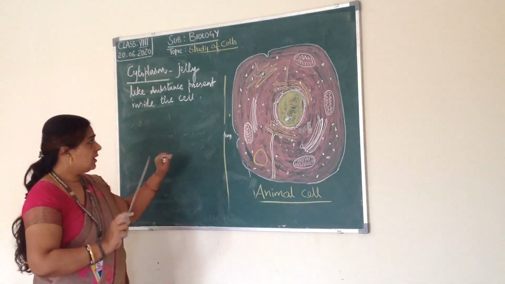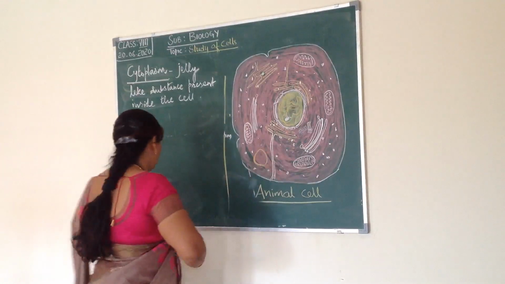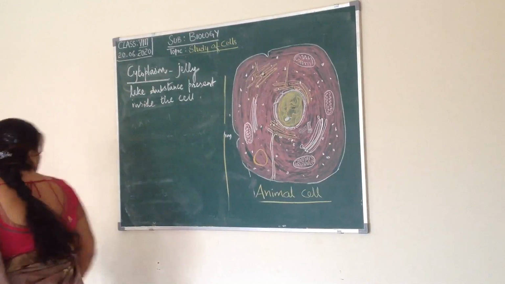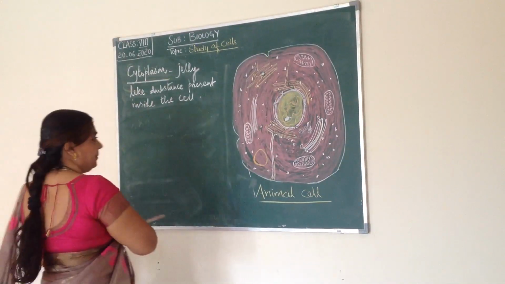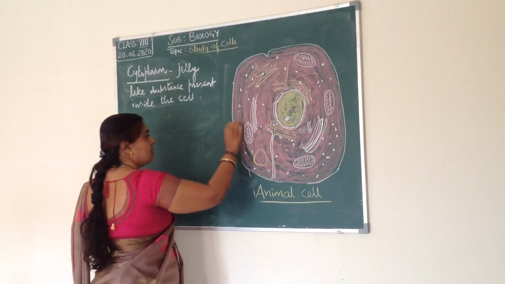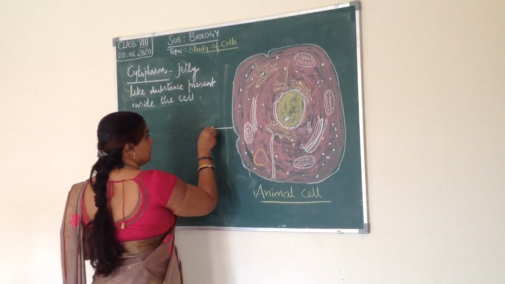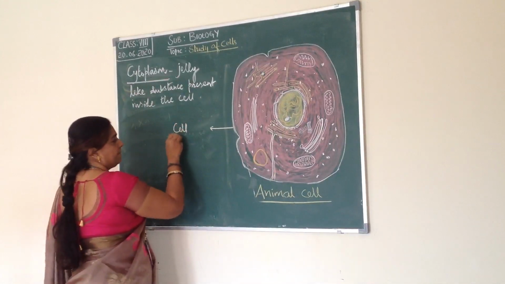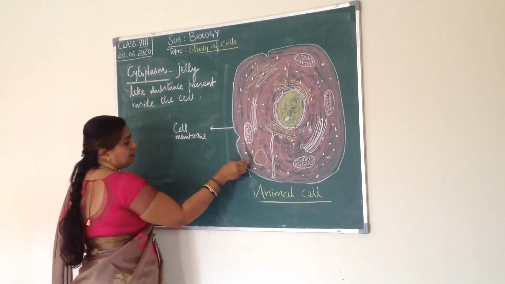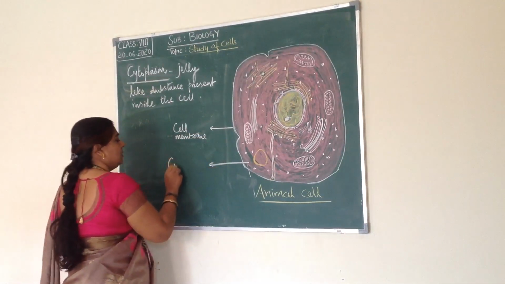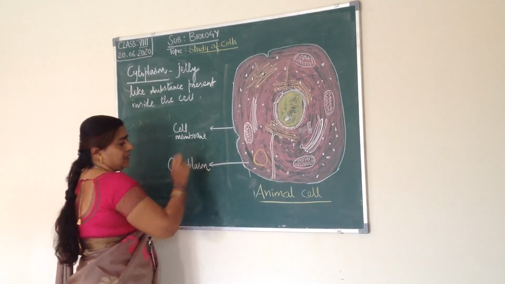Is the cytoplasm made up of only that? No. Because we know this is cytoplasm. I'll just label the parts. So this is the plant cell and an animal cell. This is the cell membrane. And this pink color represents cytoplasm.